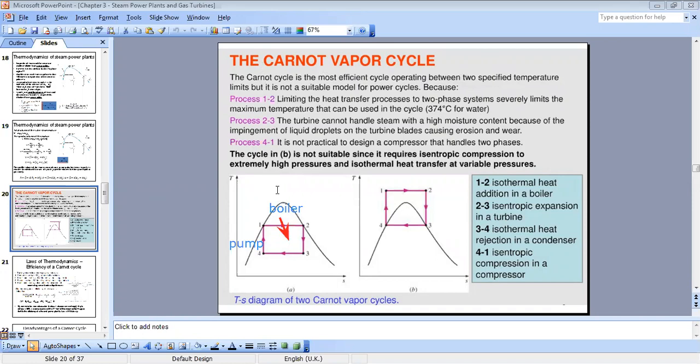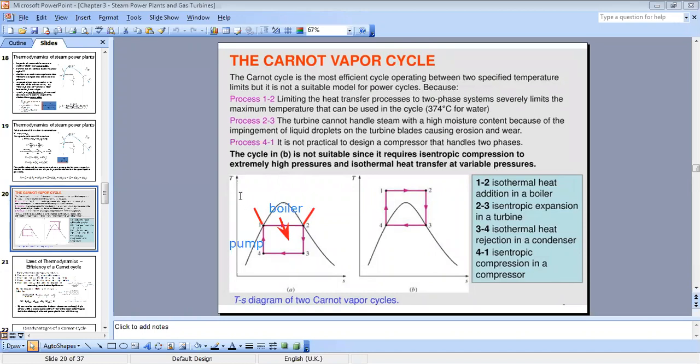And sometimes I can gain heat at constant temperature. How? Who will tell me? How can I gain heat at constant temperature? In the form of what am I storing it? Yes, very good, I'm storing heat. Phase change, latent heat. It's clear here that I have a phase change because at point 1, I have 100% liquid, while at point 2, I have 100% vapor.